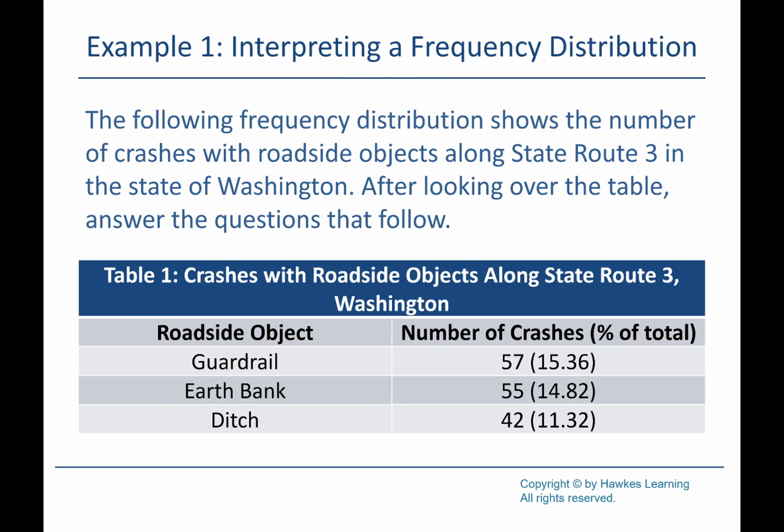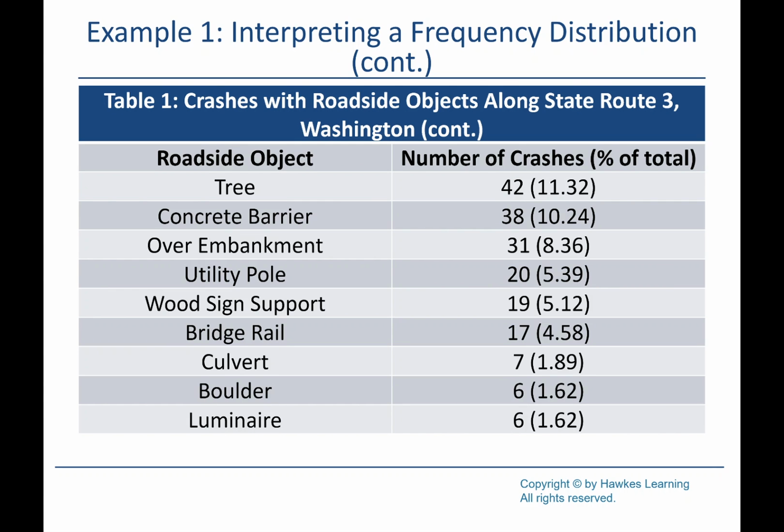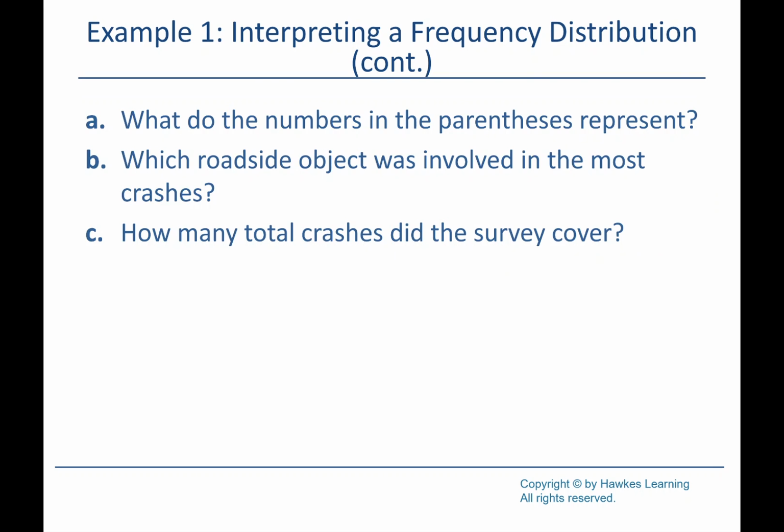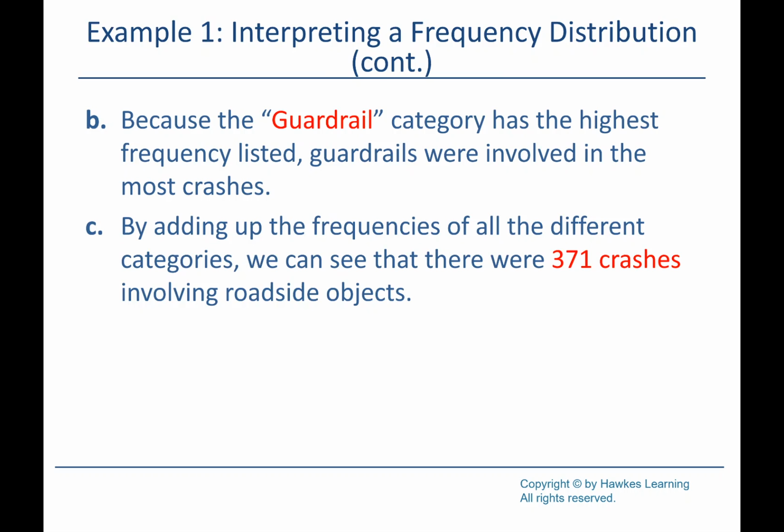It's really inconvenient on this one because they're not all together, so I won't make us go through it. We're just adding up the number of crashes in each row. Let's see how many we get there. 371 if you add them all up. Just to add up all the frequencies, 371.